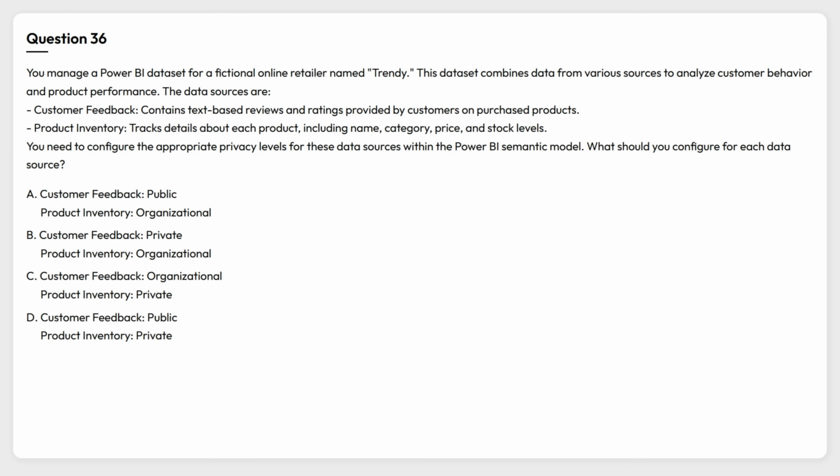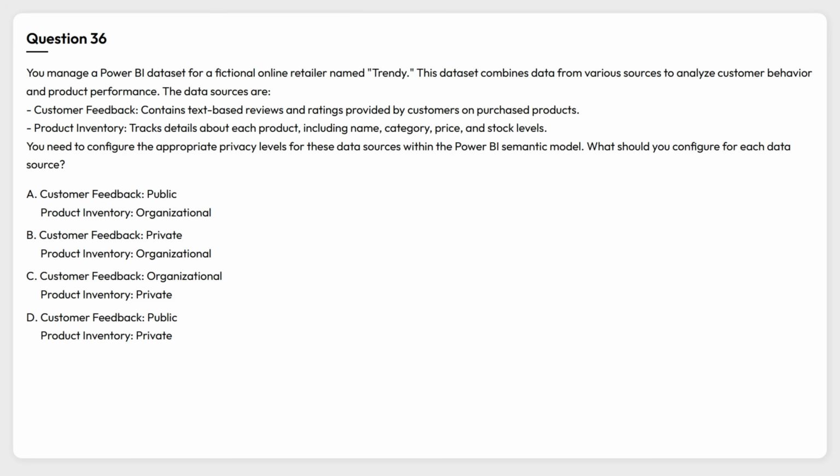The data sources are customer feedback, which contains text-based reviews and ratings provided by customers on purchased products, and product inventory, which tracks details about each product, including name, category, price, and stock level.